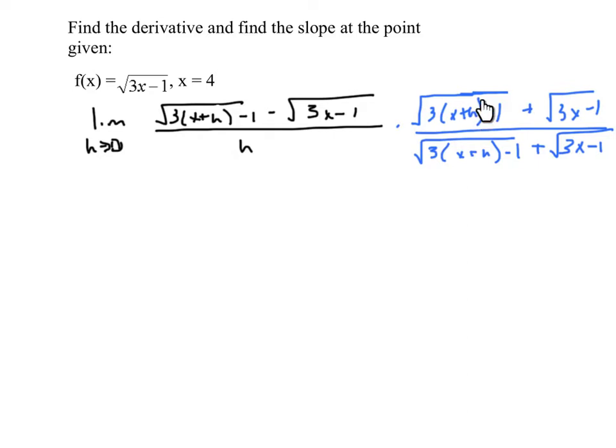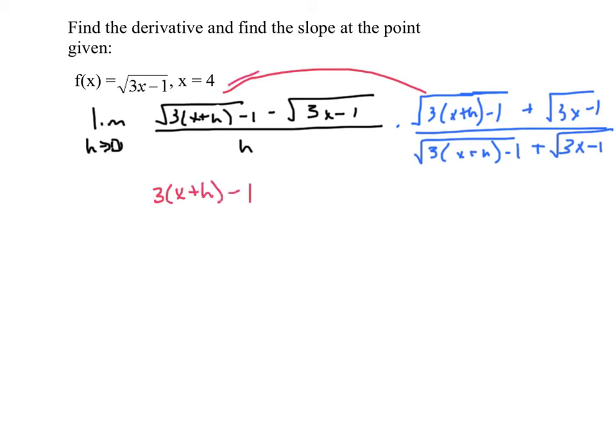Remember, the conjugate has the same two terms, but the sign is different between them. The reason that this is going to work is because when I multiply this out, the first square root of 3 times x plus h minus 1 times the square root of 3 times x plus h minus 1 is just 3 times x plus h minus 1.